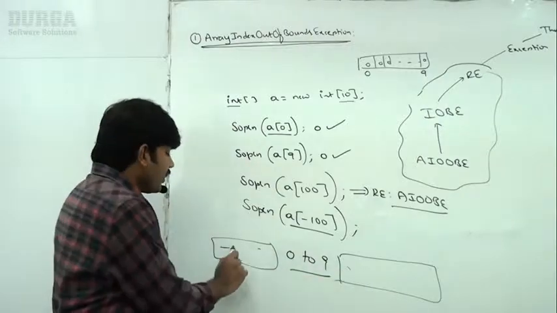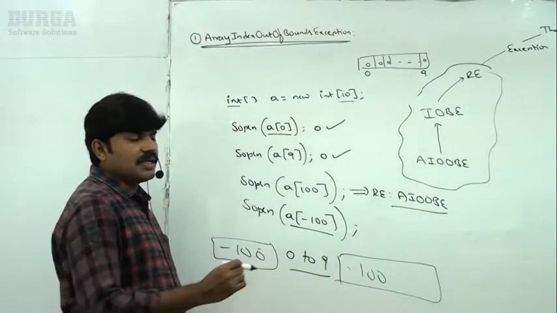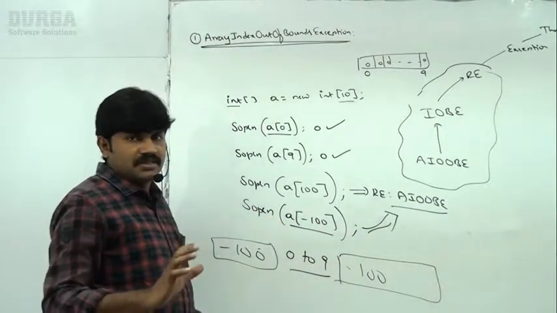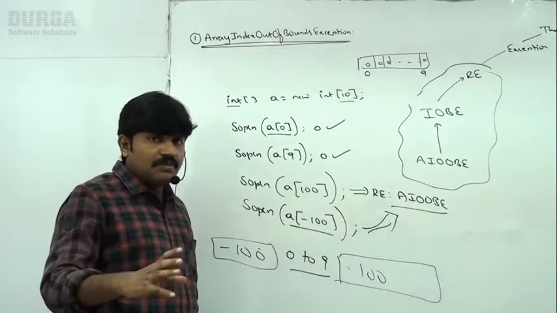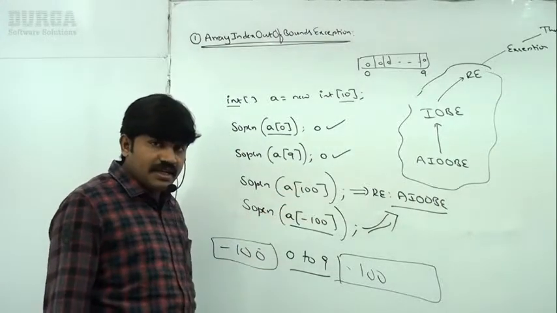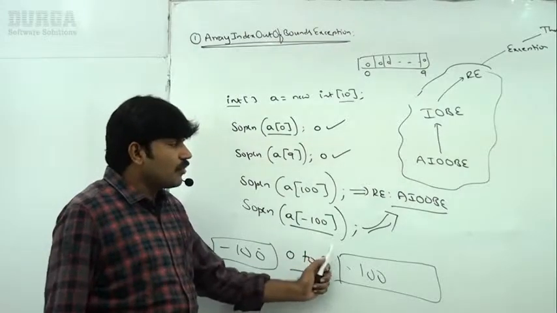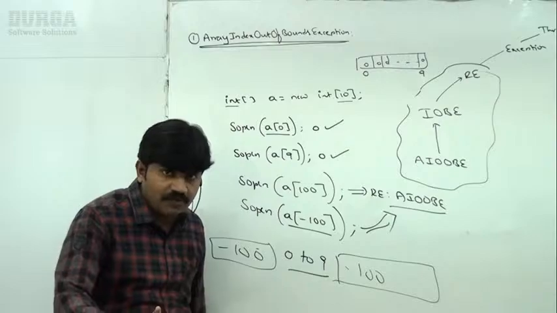So whether it is minus 100 or plus 100, it is out of range. That's why we get the same ArrayIndexOutOfBoundsException. Whether it is a positive or negative number, we always get ArrayIndexOutOfBoundsException. Clear for all of you, right?